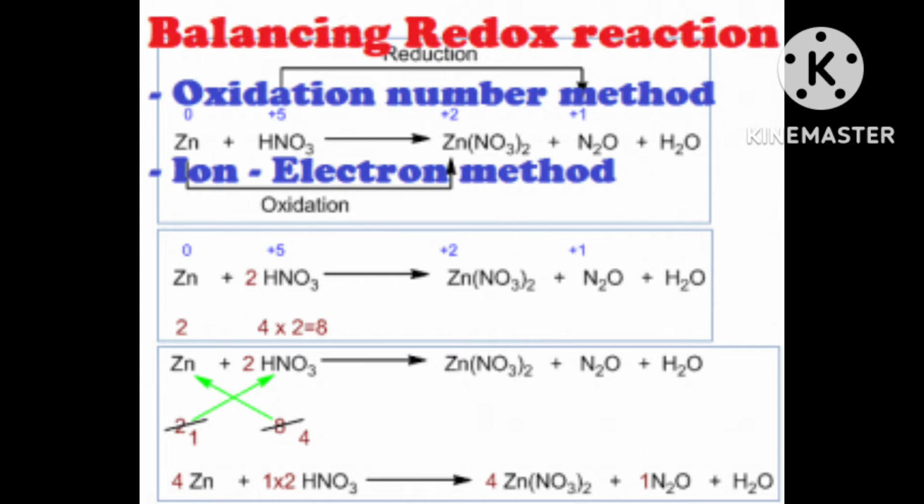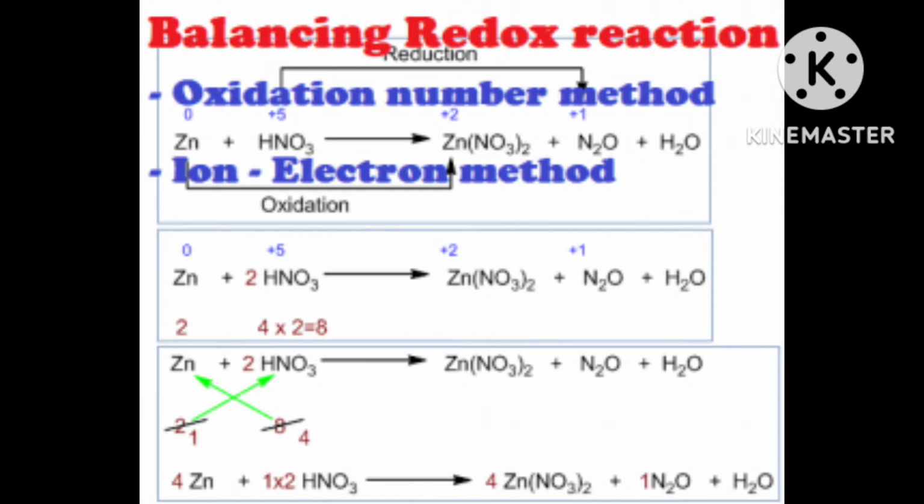Fe2+ was there, and now it converted to Fe3+ plus 1 electron, because this electron from the Fe2+ is gone. This is the oxidation process. Okay, now you have written the oxidation process.